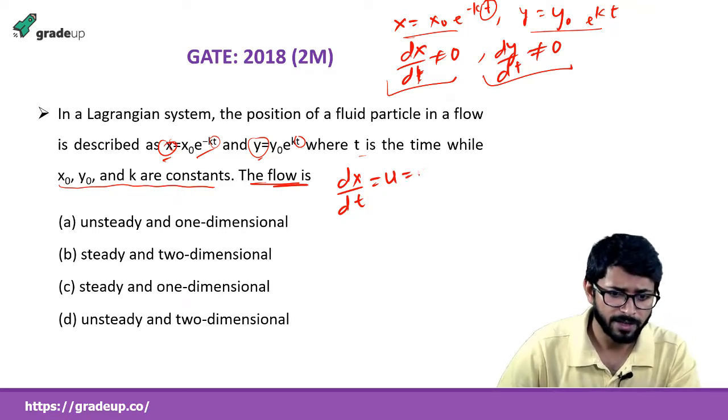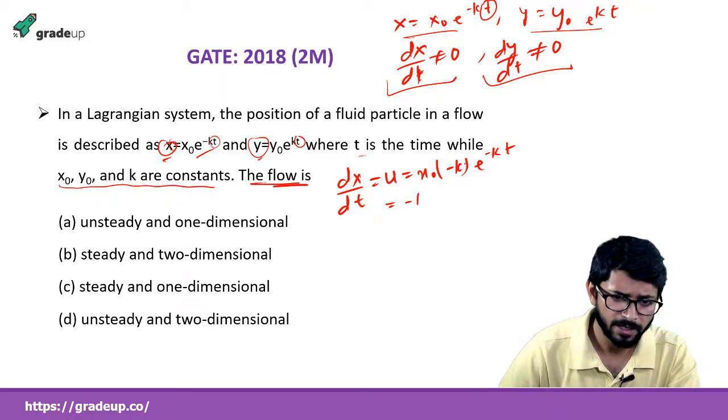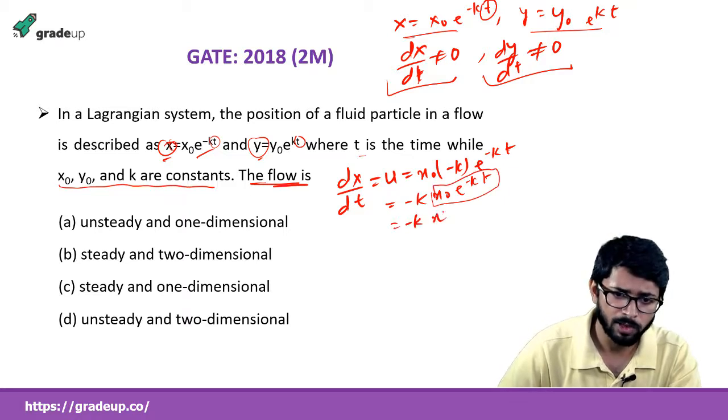So what will we get? x naught into minus k into e to power minus kt. Taking minus k outside, we can say minus k times x naught e to power minus kt, which we have already given as equal to x.